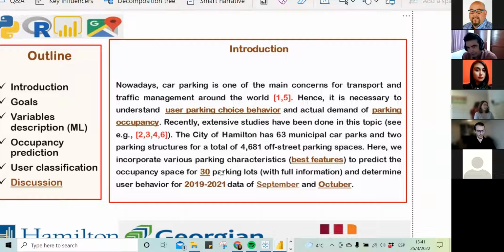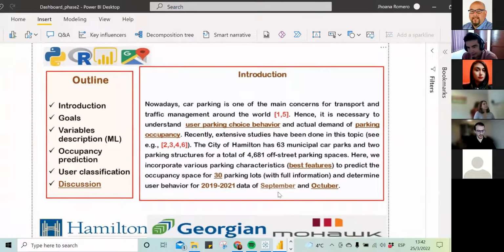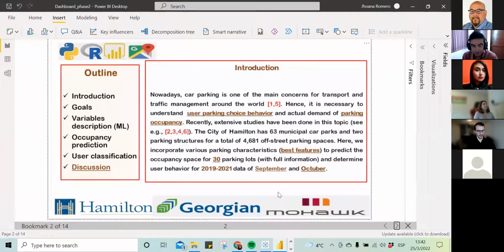We are going to describe what we call the best features to predict occupancy for those 30 parking lots for these specific years, 2019 to 2021, and these specific months, September and October.